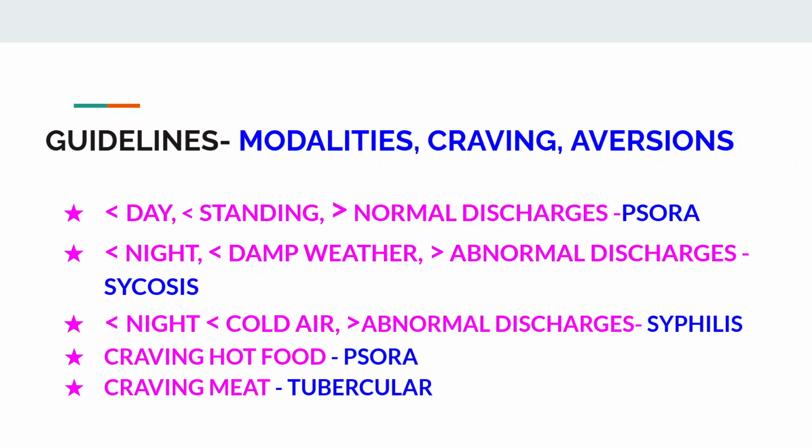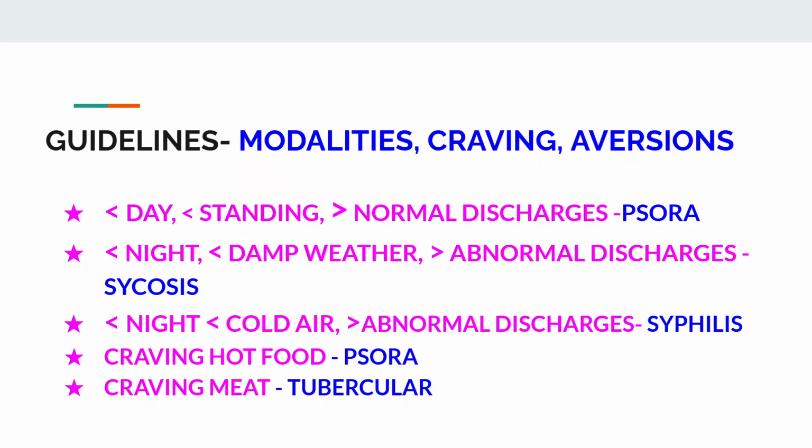Other guidelines are modalities, cravings, and aversions which correlate with miasms. Aggravation during day, standing, and better with normal discharges is psoric miasm. Aggravation at night, damp weather, and better by abnormal discharges, say better with ulcerative discharge or better with otitis media, indicates psychotic miasm.